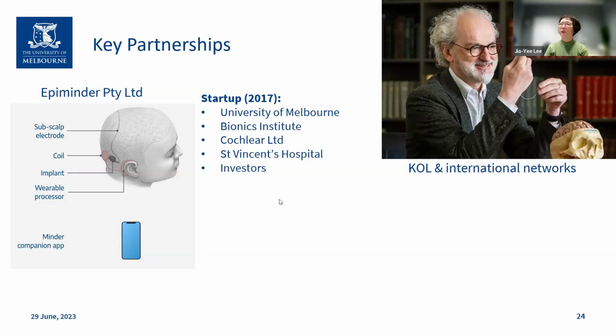It was spun out, as I said, and it became a startup in 2017 with initial shareholders at University of Melbourne, the Bionics Institute, Cochlear, and St Vincent's Hospital. So you can see the different categories of partnerships there.